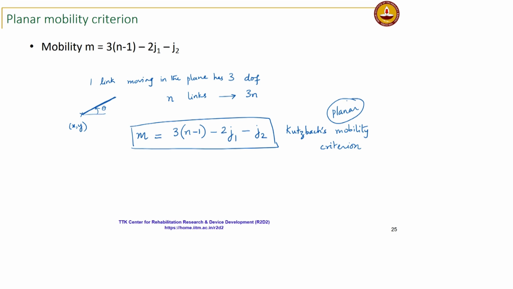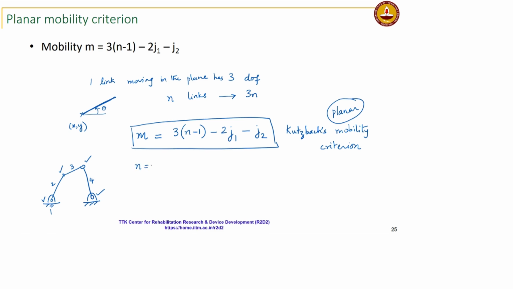Now, if we look at some common examples, first let us start off with the 4 bar. I have the fixed link as 1, I draw the kinematic diagram with links 1, 2, 3 and 4. Each 1 degree of freedom joint I designate with a tick mark. So, there is 1 between 1 and 2, 2 and 3, 3 and 4 and 4 and 1.